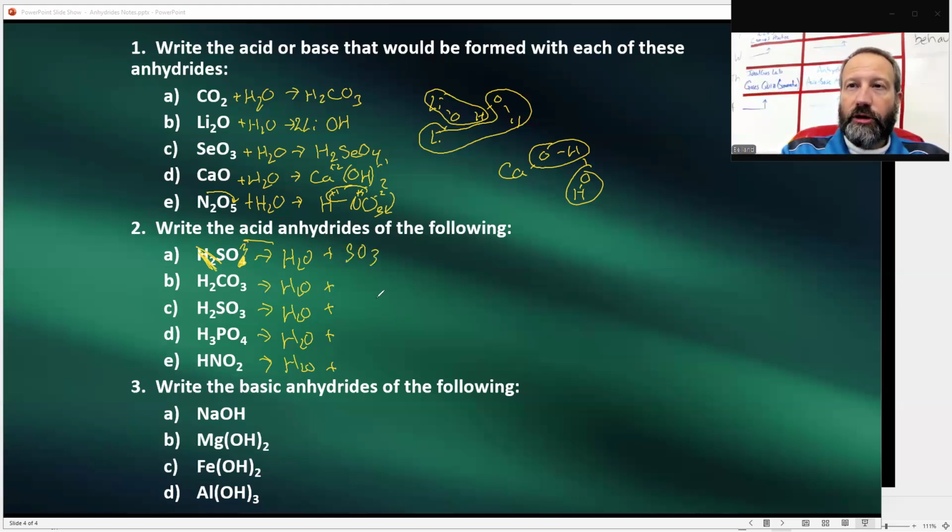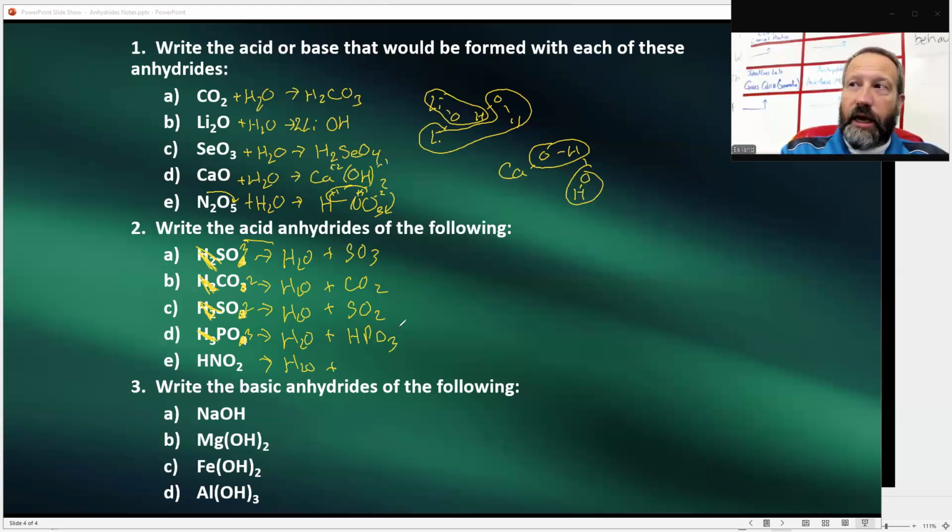Yes, sulfur trioxide's a thing. I'm done. If I pull out two H's and one O, could carbon dioxide be a thing? Absolutely, it's a thing. So there we go. If I pull out two H's and one O, is sulfur dioxide a thing? Yes, it is.